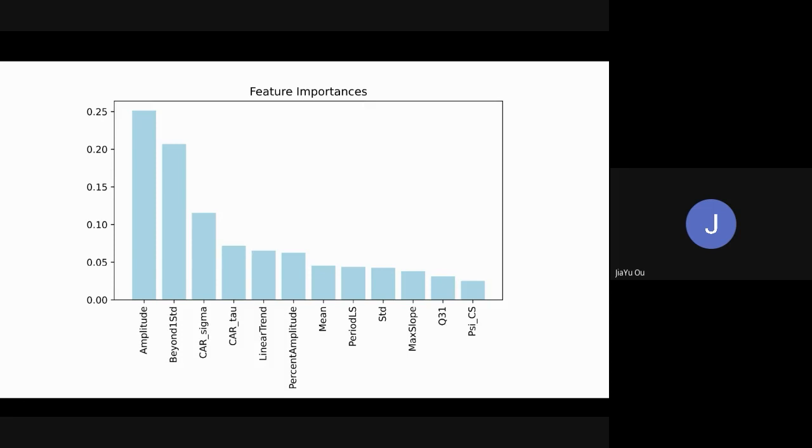If we can detect the profile, we use this profile to classify, but we need to transfer this light curve into numbers. If we just use one or two features, it cannot easily be divided into classes. So we have the 12 features.